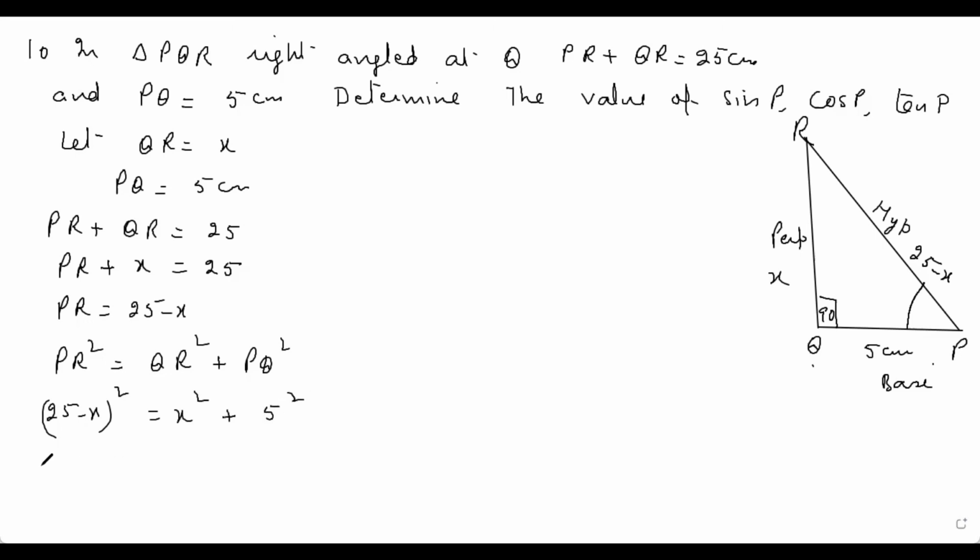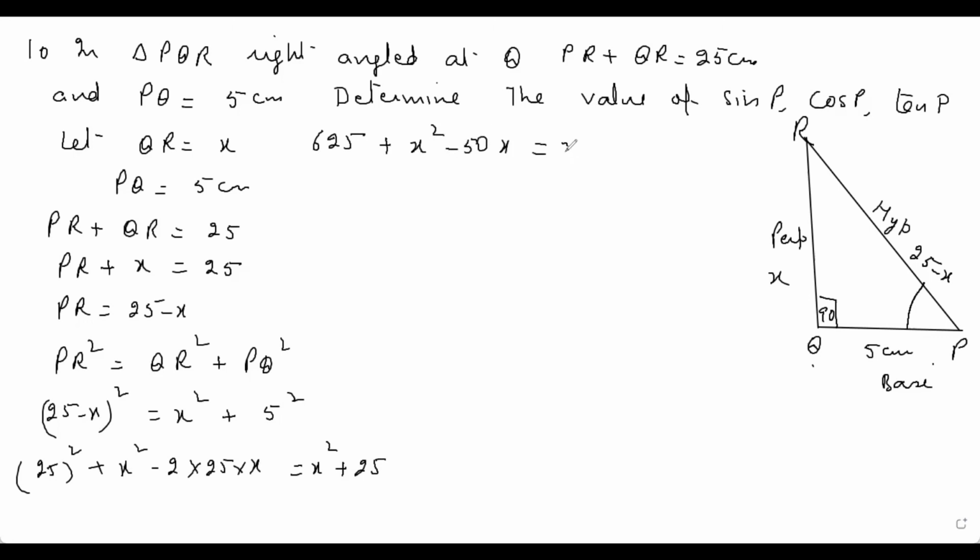It means now apply the formula. Now this is the identity of A minus B whole square. So this will be 25 square plus X square minus 2 times 25 into X is equal to X square plus 25.